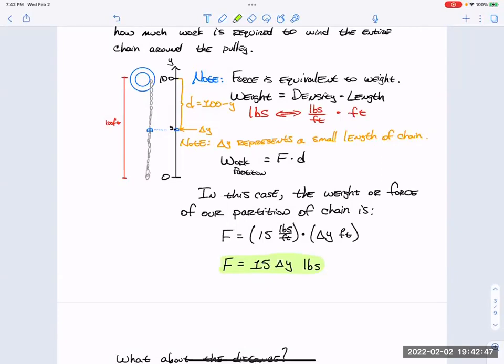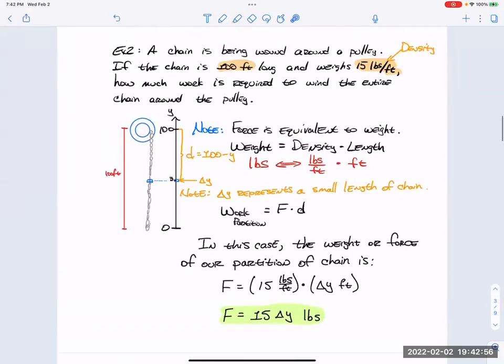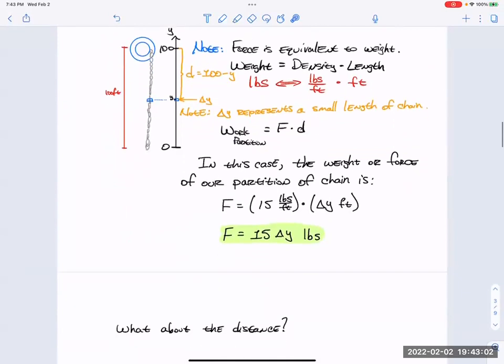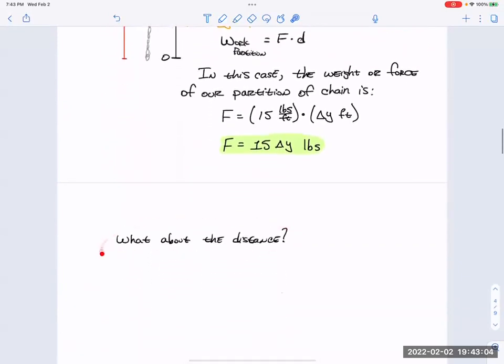Okay, so what we have now is we had to do all this conceptual work just to get our force. But remember, we're trying to calculate work. So we now have a forcing function. But work is force times distance, right? So what about the distance? Well, that's what we did earlier, right?